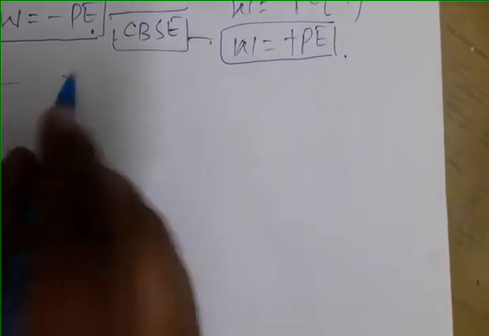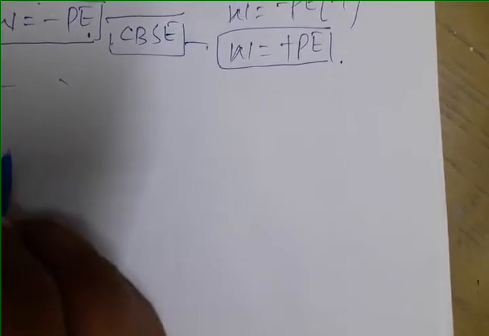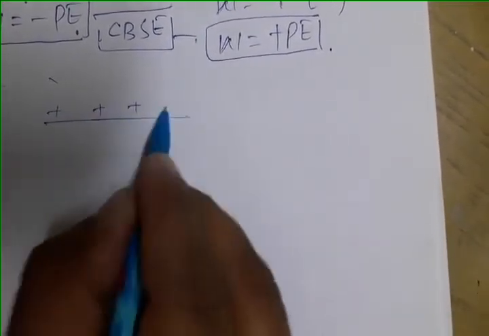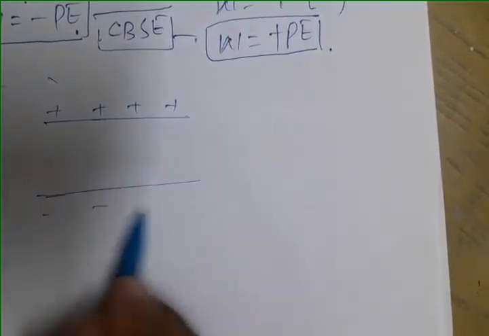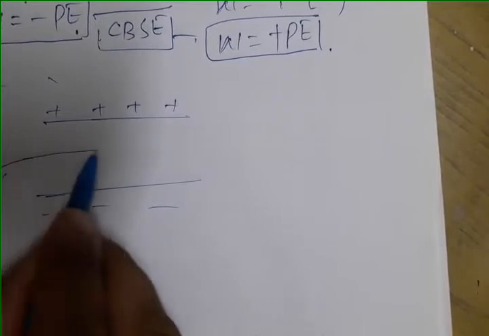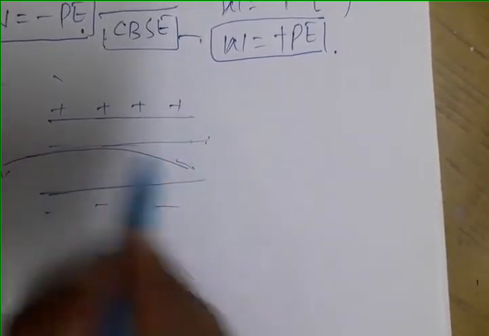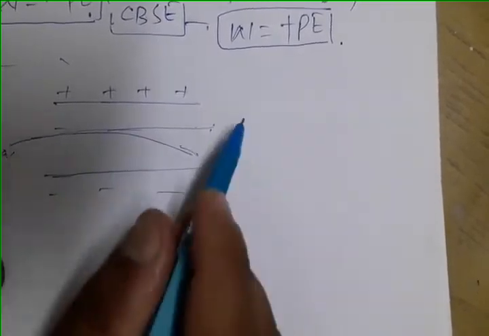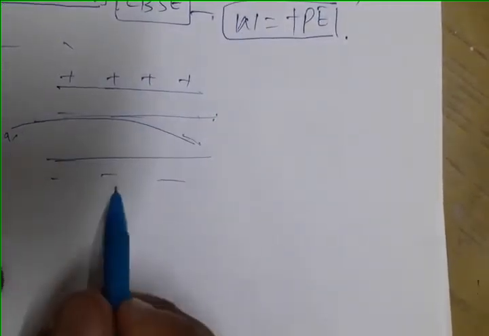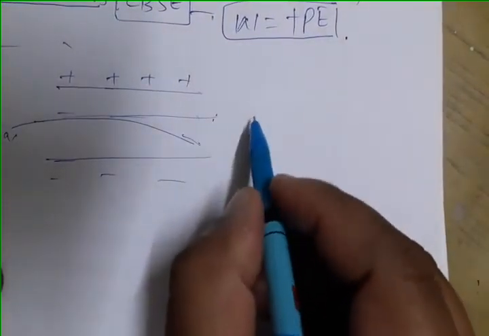So my last topic is what happens if a charged particle moves inside the electric field. Let us suppose this is the plus side, this is negative. My charged particle enters from the plus side. What will happen? It will move to this side. I want to find the trajectory of this charged particle when it moves. It is coming with some initial velocity. So very easy.